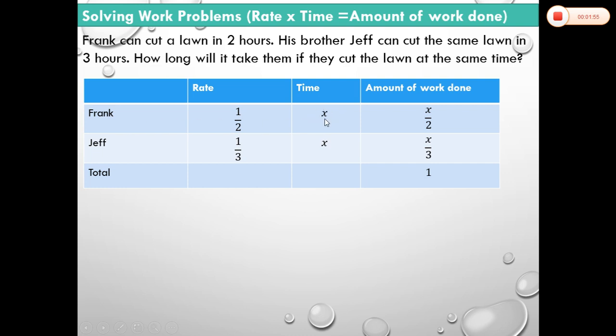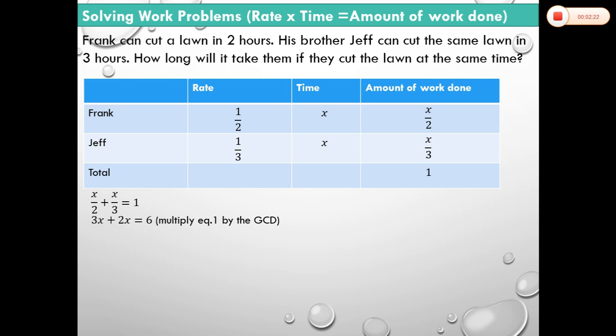So we denote x to be the time that Jeff and Frank work together. The amount of work done by Frank is x over 2, while the amount of work done by Jeff is x over 3. The equation: x over 2 plus x over 3 is equal to 1, since the task will be 100% completed after that.